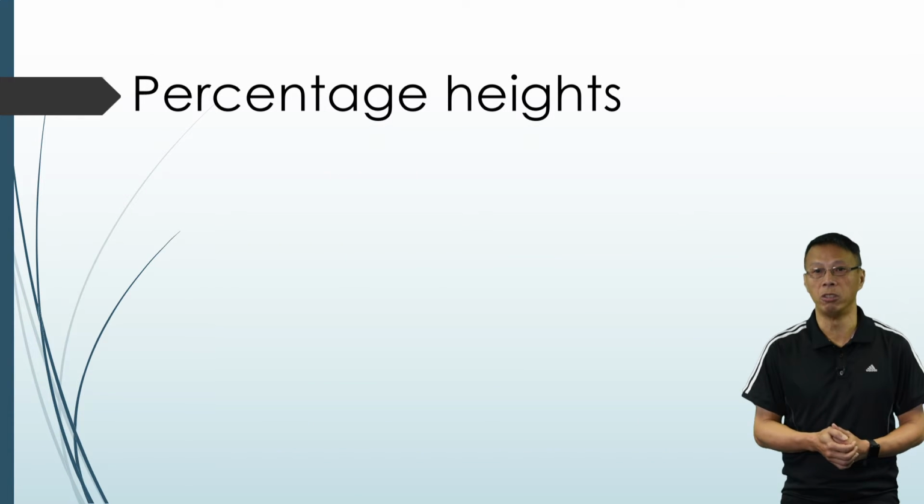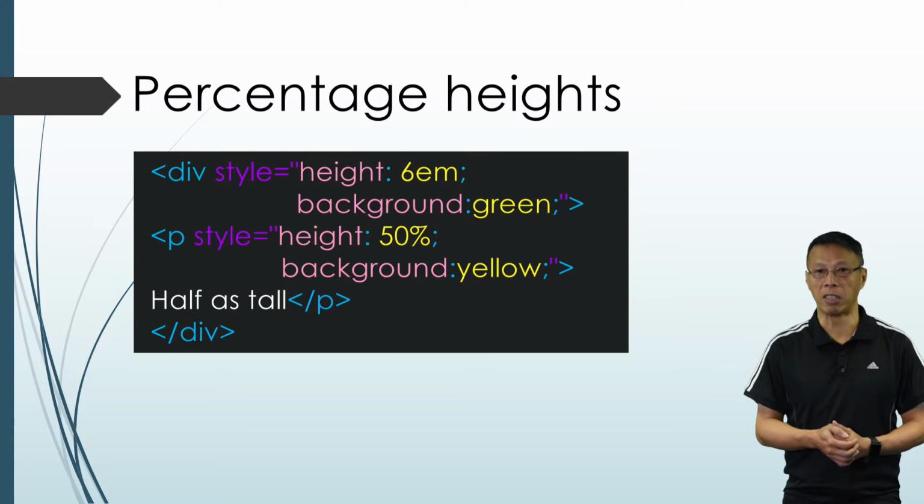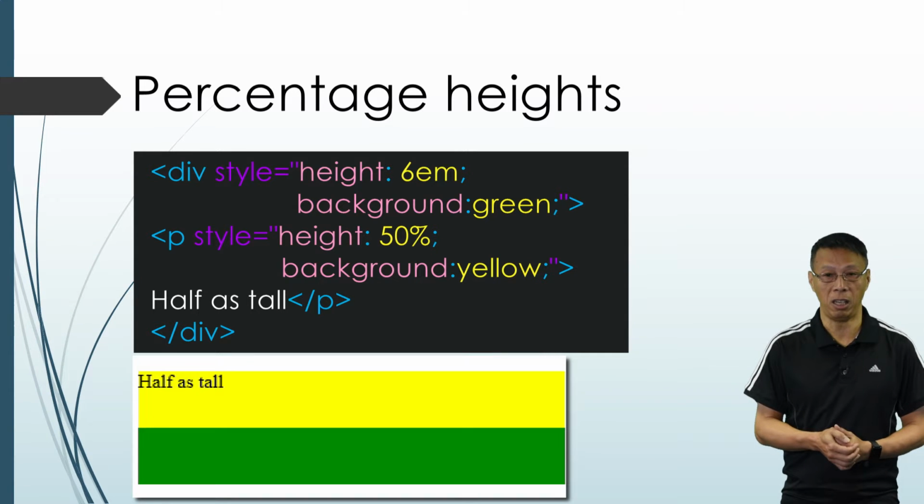Now, when we specify the heights, very similar to what we have been observing for the horizontal lengths, we have two examples here. One is absolute, and one is relative. We can see that in the second line, the style is equal to height 50%.